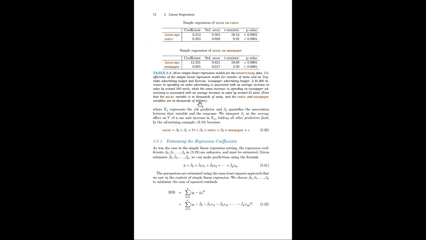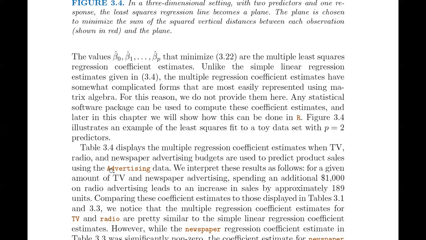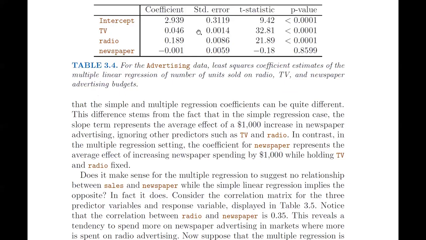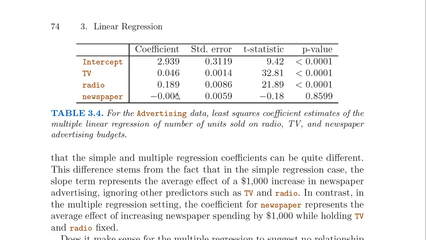And apparently, if you apply this to the advertising data set, you end up with these four coefficients. Why is it four coefficients? You always have one parameter for the intercept term. That would be the output if your TV is 0, your radio is 0, and your newspaper is 0.